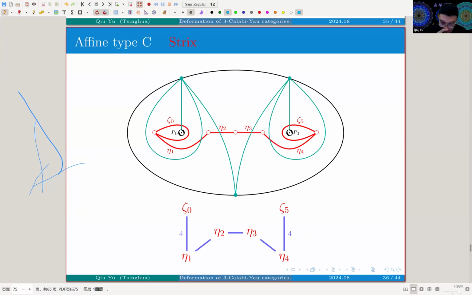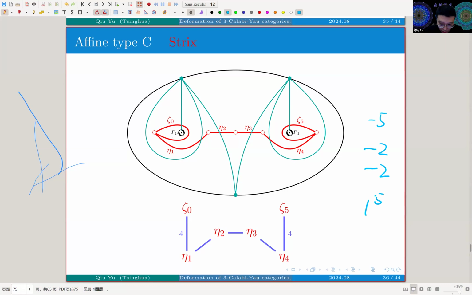When we start, we have this picture. This is a triangulation. We take the dual graph, and the meaning of this picture is that on the outside, this triangle corresponds to this minus 5 pole, and we have two punctures P0 and P1 corresponding to double poles, and we have 5 zeros.